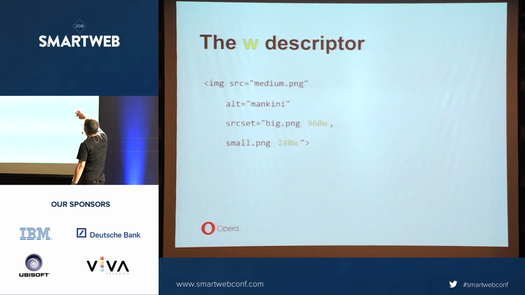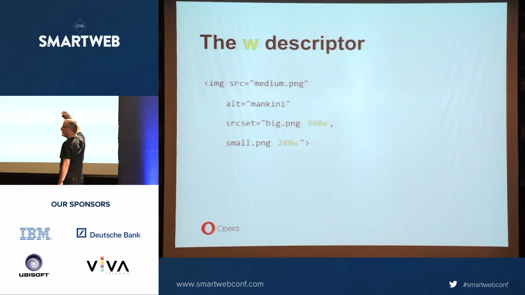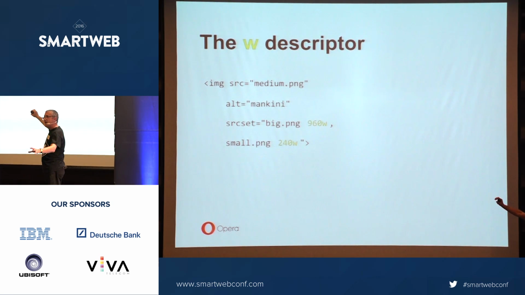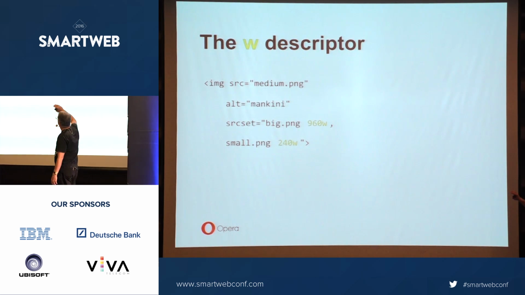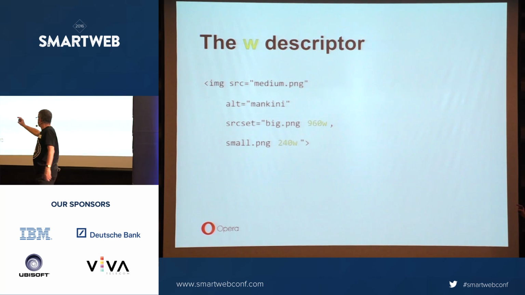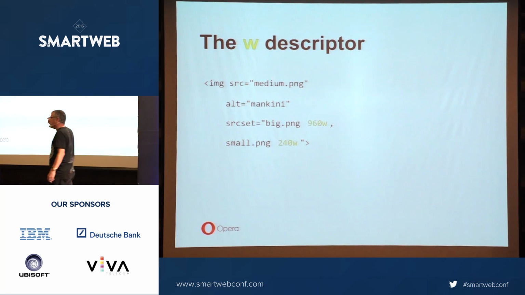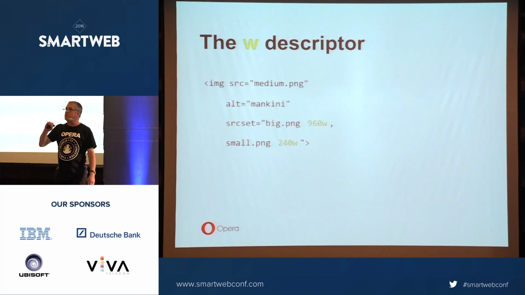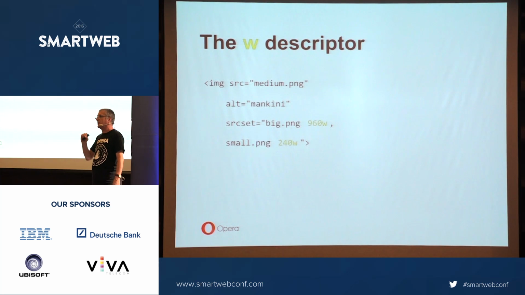Again, you have an image SRC for older browsers that don't understand responsive images, because nobody's allowed to lose out. Then you have the source set, and I've got 2 candidates here. Big.png, it is 960 pixels wide. Small.png is 240 pixels wide, and the browser will choose the best one for the current condition.